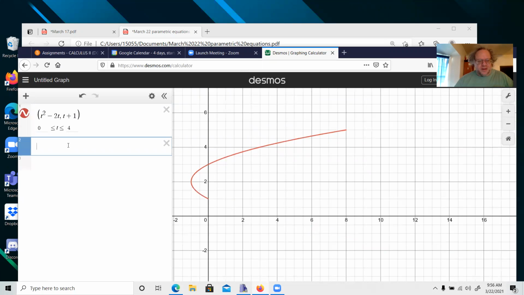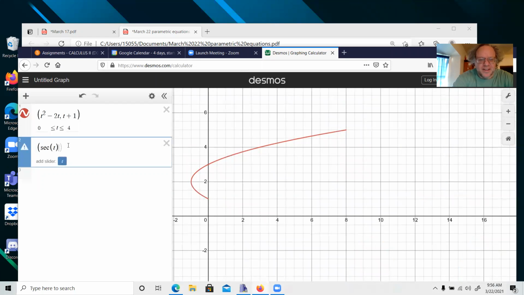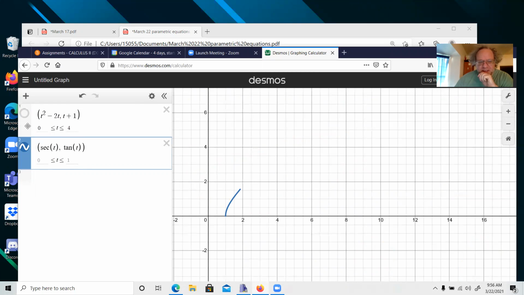I was going to do another example for you, which was the ordered pair: secant t, and then tangent of t. Now, this one, if you put it in your calculator, it's going to be a bit harder to deal with, because there's a discontinuity here, and your calculator is going to have a tough time with this.